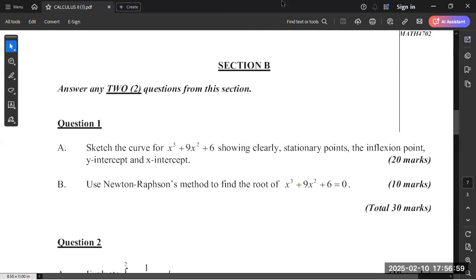Let's try -5. 5 squared is 25, and 25 times 9 is 225, and 225 plus 6 is 231. What is 5 to the third power? 125.